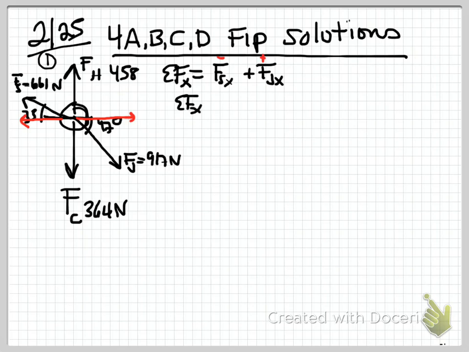So sum of forces on the x is equal to the force of Shannon times the cosine of 35, because for this angle, the portion of the force that's on the x-axis is adjacent to the angle. And for the force of Josh, it would be the force of Josh times the cosine of 47.